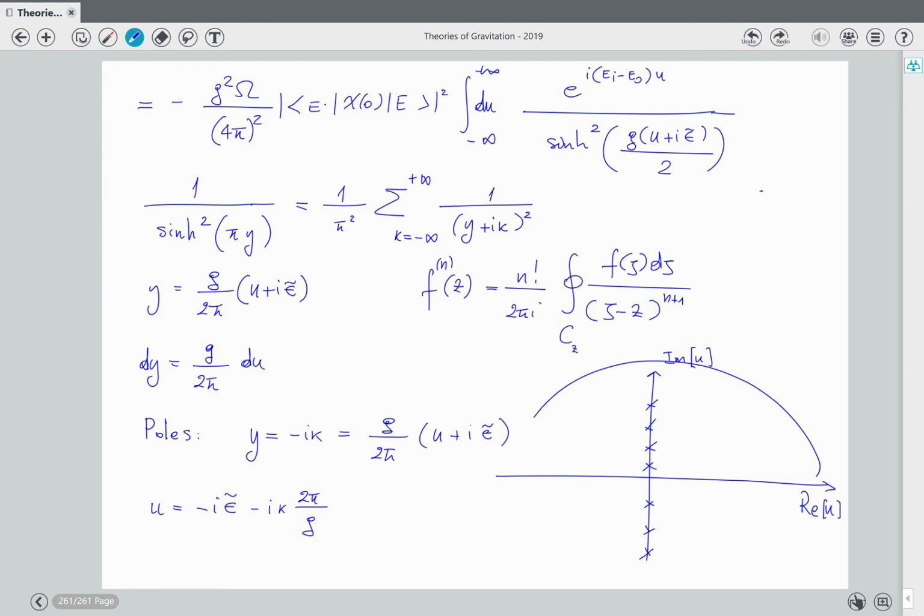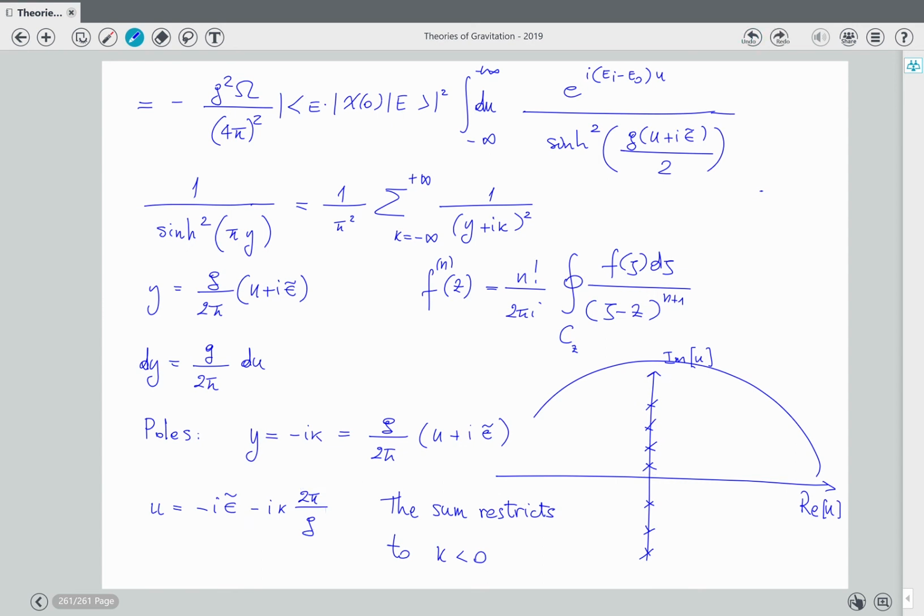which are those with, so epsilon tilde is very small, so the sum restricts to k negative. Yes. Because if k is negative, then you pick those poles.